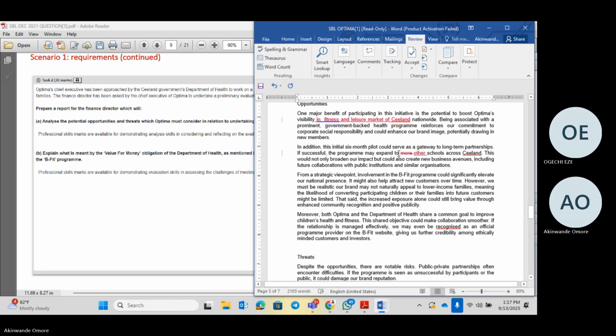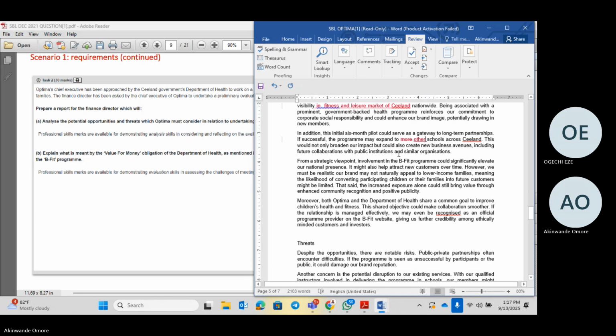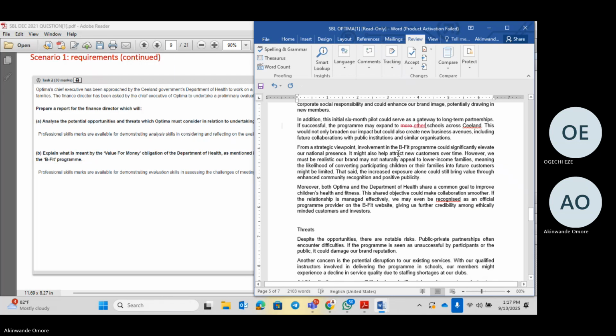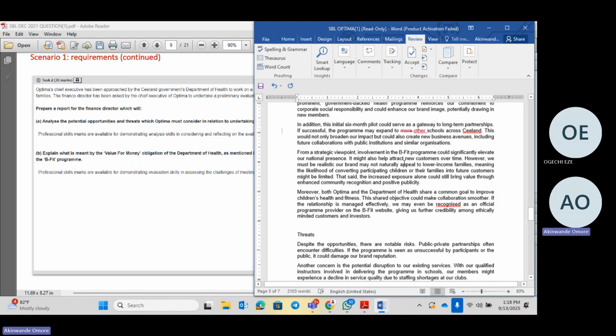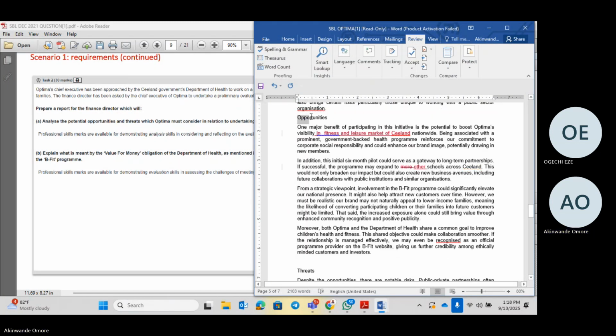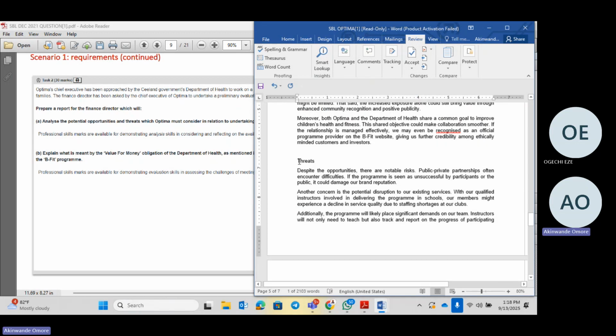Other schools. If this is our answer, I rate her high. No, there are some answers that are too good to be true. If this is our answer, wow.